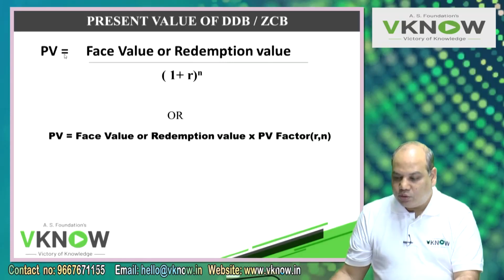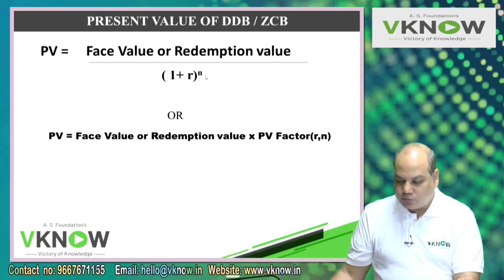So present value of a DDB or ZCB is equal to, if the redemption is at par, then face value, or if it is other amount, redemption value divided by 1 plus R to the power n. This is the formula of present value of a single cash flow.